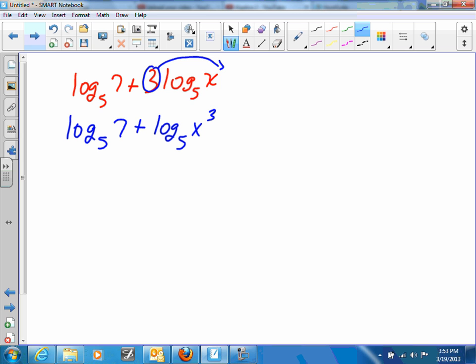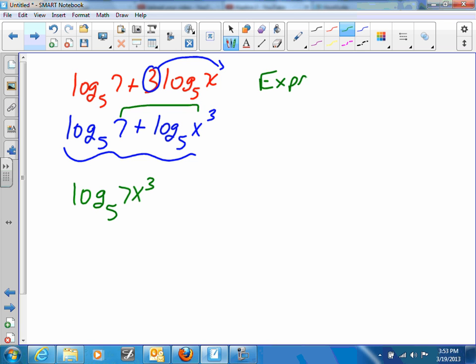Now that I've got that back into the power form, I'm going to combine these. Since they're both log base 5, this is going to be 7 times x to the third. Okay, so here we're expanded, and here we're condensed.